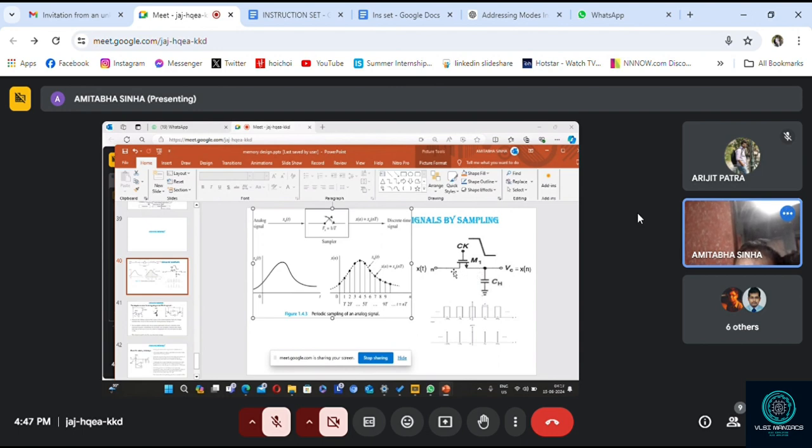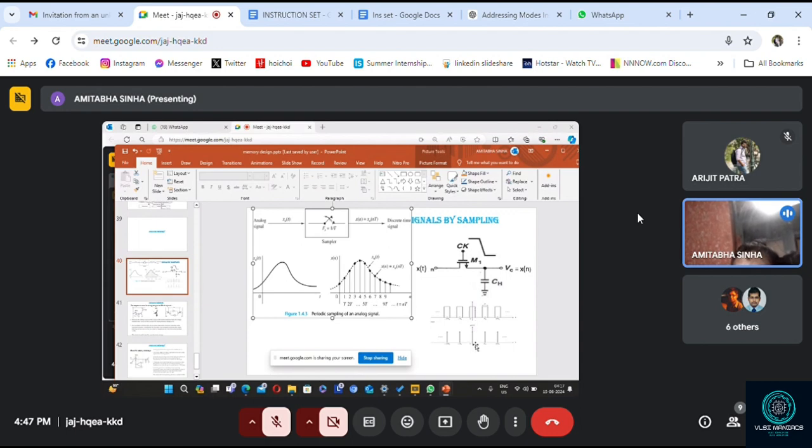That analog signal, at that instant when this clock pulse comes, is available at point M1. Agree? It is the discrete analog signal at that instant.